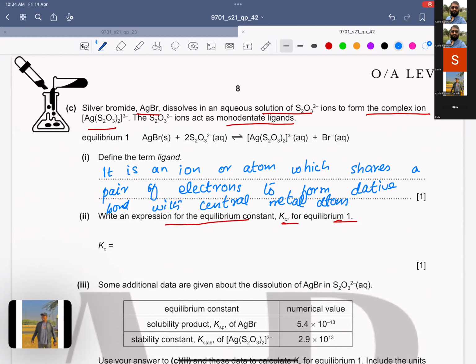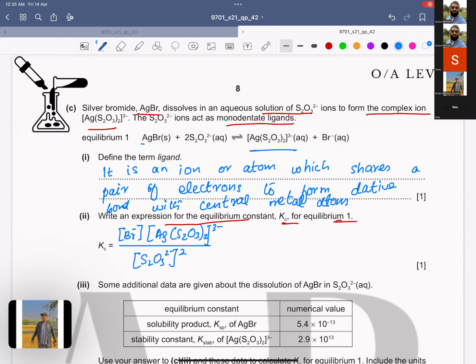If we write the Kc expression, it would be the concentration of the complex times the concentration of bromide ions, divided by the concentration of thiosulfate only, and we do not include the power 2.